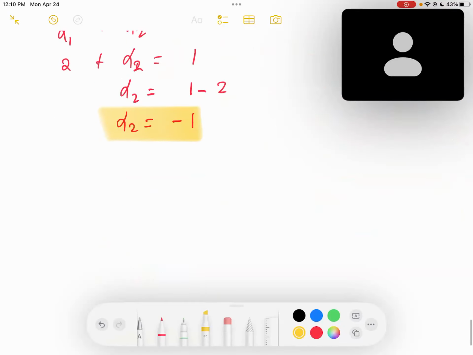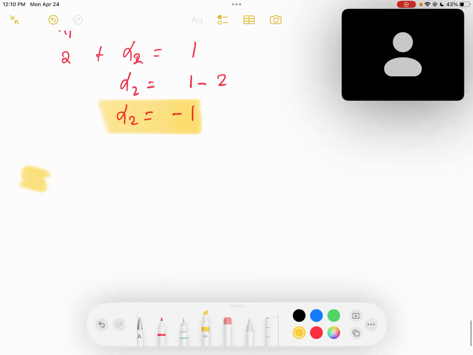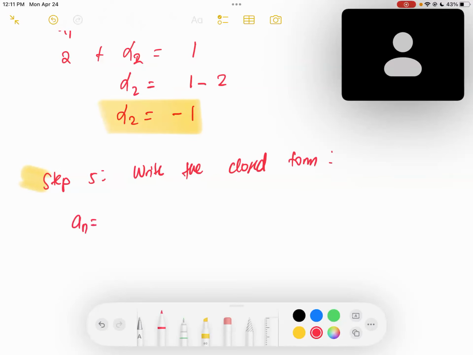So the last part would be step 5. Write the closed form solution. So we have again the recurrence relation: a sub n equals a sub n minus 1 plus 6 times a sub n minus 2.